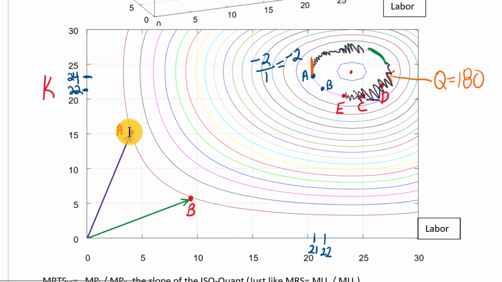The slope of that line is 15 over 4, which is the capital labor ratio. 15 units of capital, 4 units of labor.